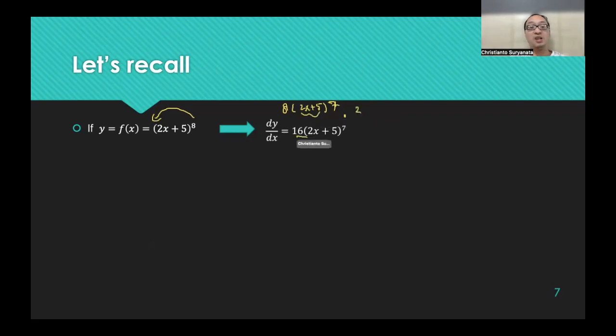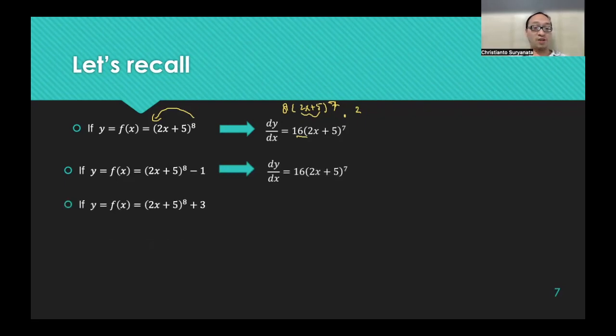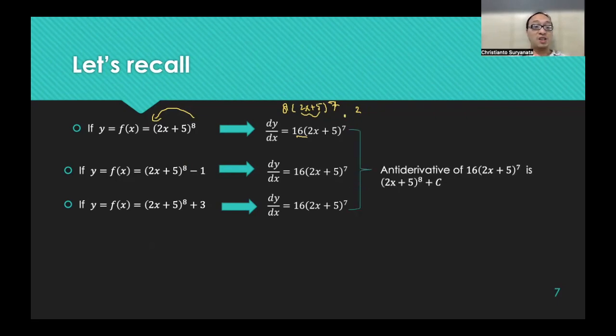So it becomes 16(2x plus 5) to the power of 7. If we have (2x plus 5) to the power of 8 minus 1, the dy/dx is still the same. If we have (2x plus 5) to the power of 8 plus 3, it has the same derivative. So the antiderivative of this dy/dx is (2x plus 5) to the power of 8 plus c.